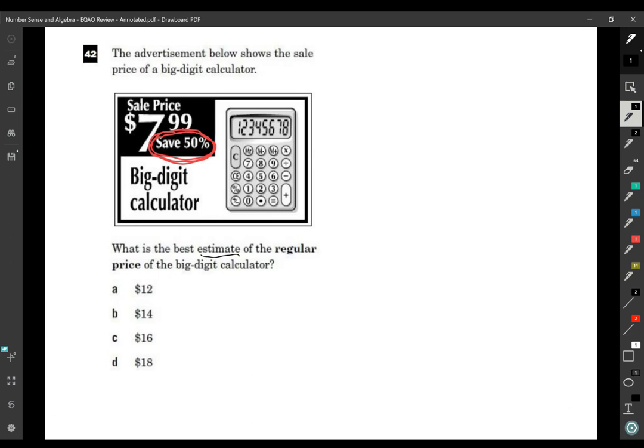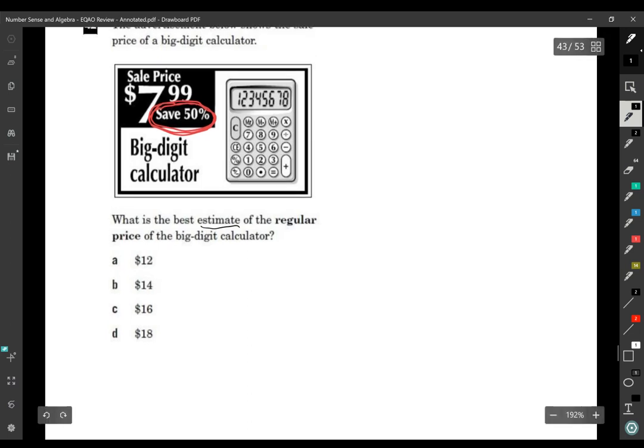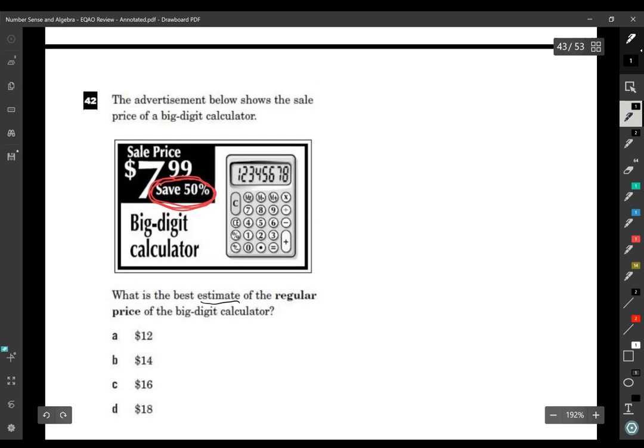So we know that the sale price equals $7.99.